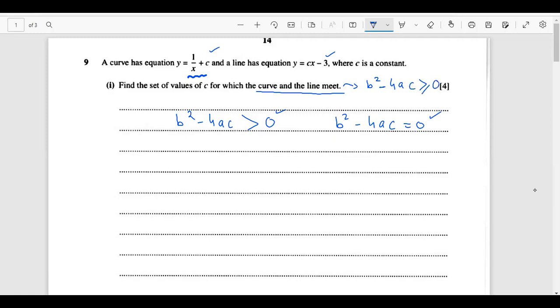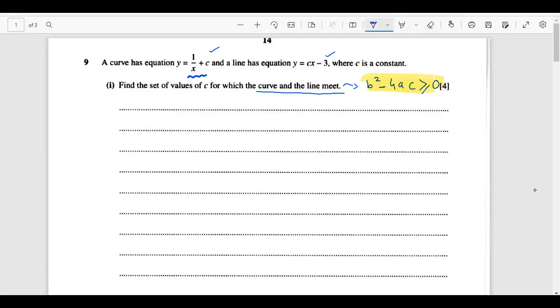So we have combined this condition and this condition in order to get this one. So this is a direct question. In the question, we have been told we have a curve, we have a line, and they are meeting. That is it. You don't know if they're meeting twice or if they're meeting once. So we have combined both the scenarios. This was for 2 points and this is for 1 point, right? But we have just combined them.